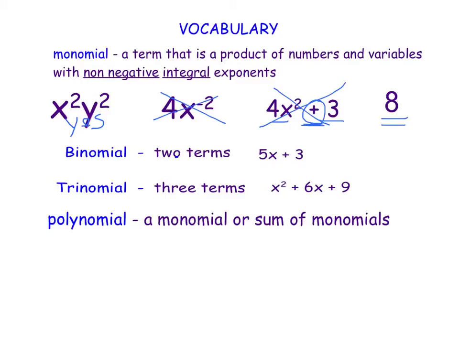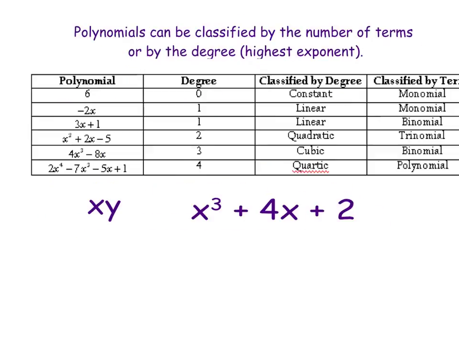And this one, even though it doesn't have variables, is still a monomial. Bi means 2, so there's 2 terms. Tri means 3, so 3 terms, 1, 2, 3. And poly means many, and so anything more than 3 terms we just say is a polynomial.